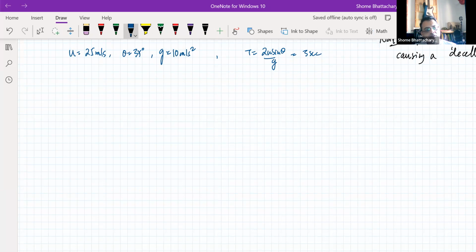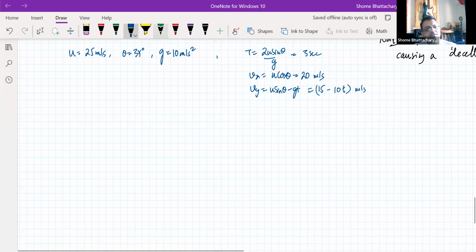You will get range and all that, it doesn't matter, but as I said, horizontal component of velocity is 20 meters per second, and vertical component of velocity is 15 minus 10t, like this.